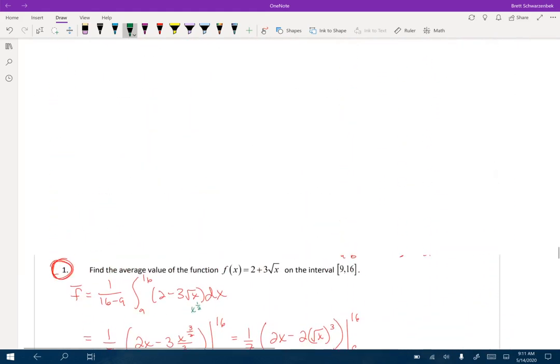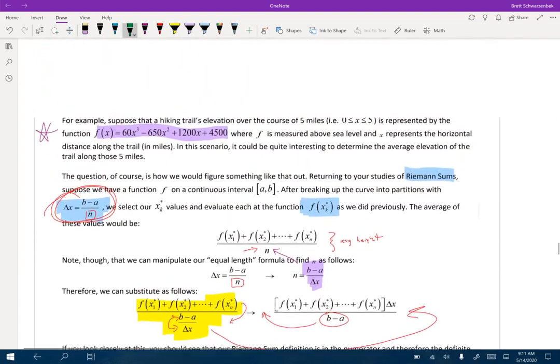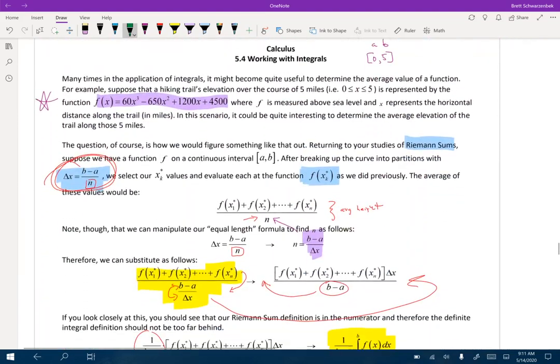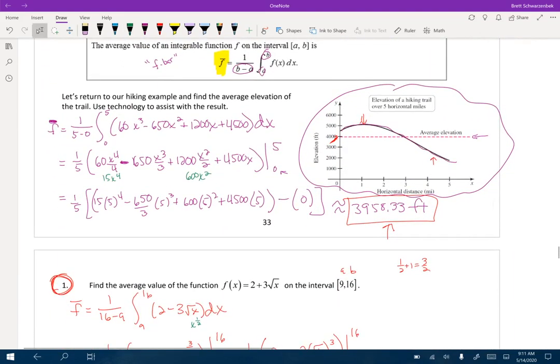So let me give you an example real quick. So where are we? I skipped it. Okay, so here, let me get rid of all this stuff. So let's suppose in the hiking trail example that I wanted to know when I actually hit the average elevation. So I have learned that the average elevation is 3,958, blah, blah, blah.